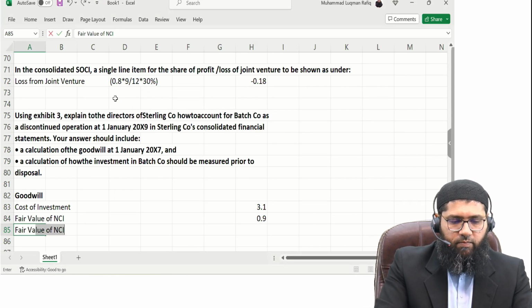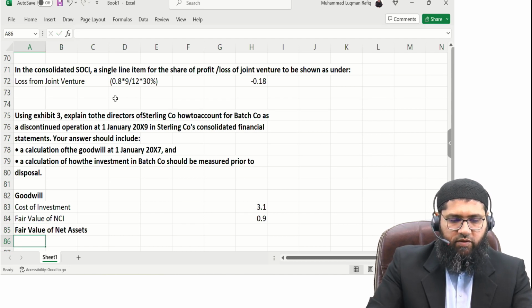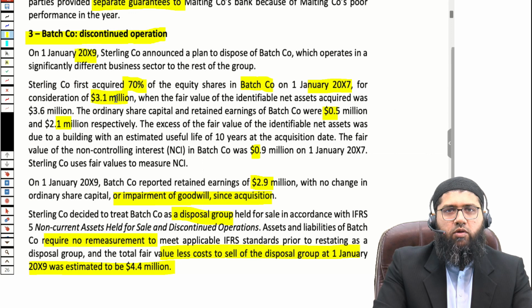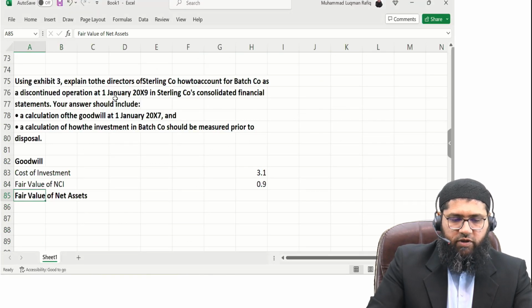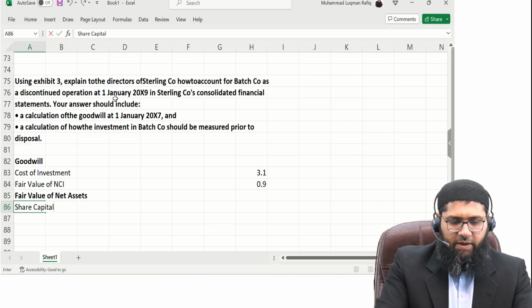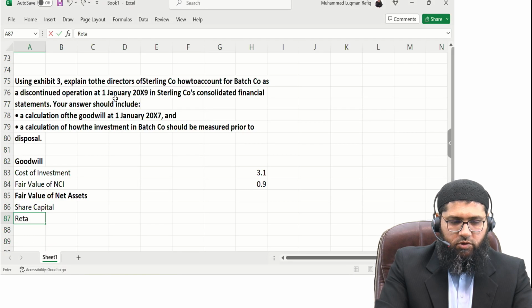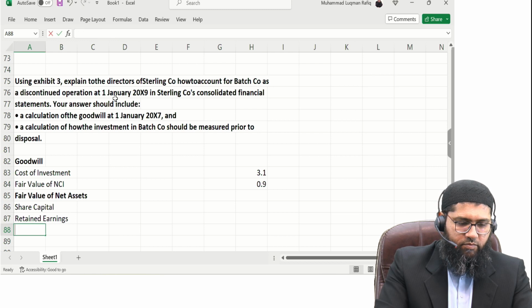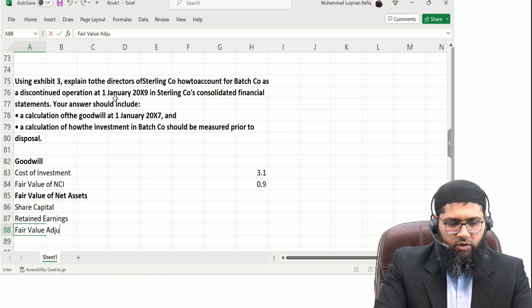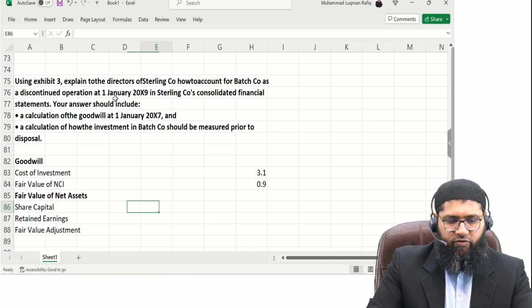Fair value of net assets is this. So let's say share capital, retained earnings, fair value adjustment to the buildings, and so on, so on, so on.